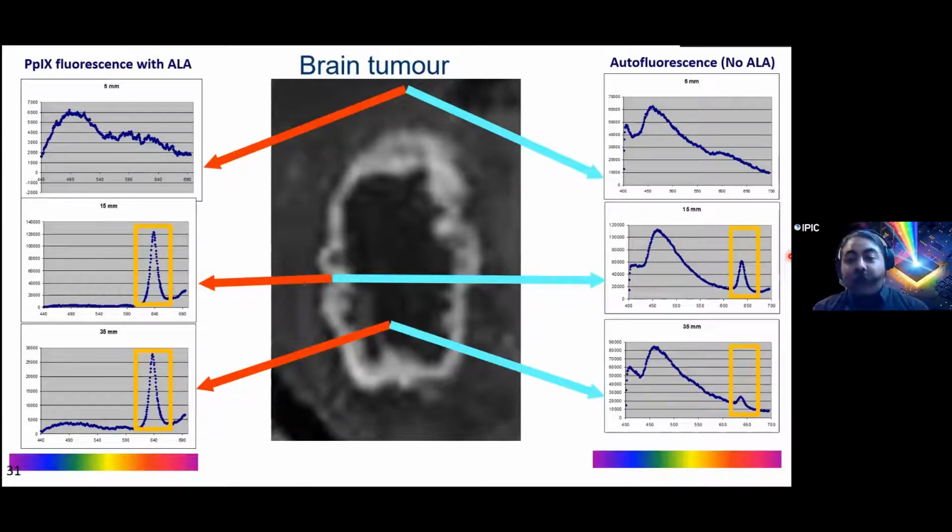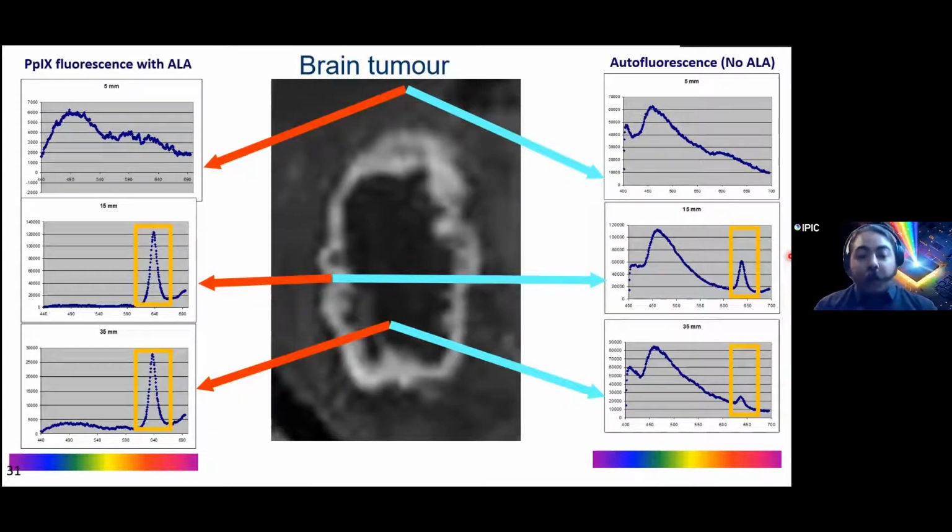Inside the tumor, the protoporphyrin 9 peak is also present, but at an even lower intensity. So it is possible to detect changes. We just need to sometimes process the signals a bit more, and this will be done very quickly.